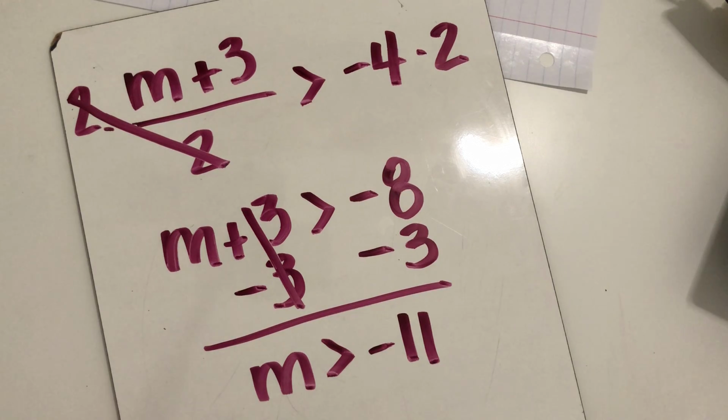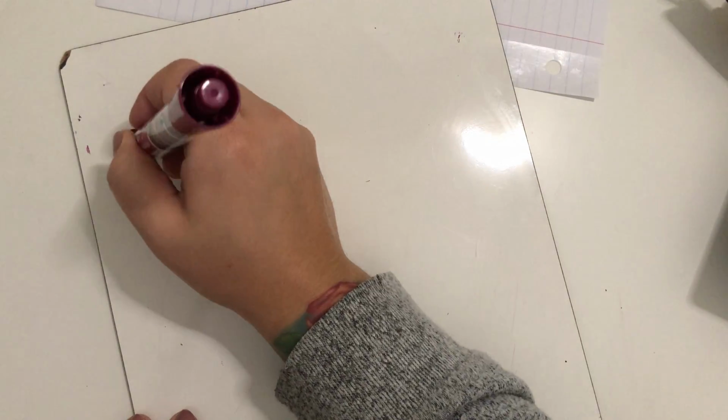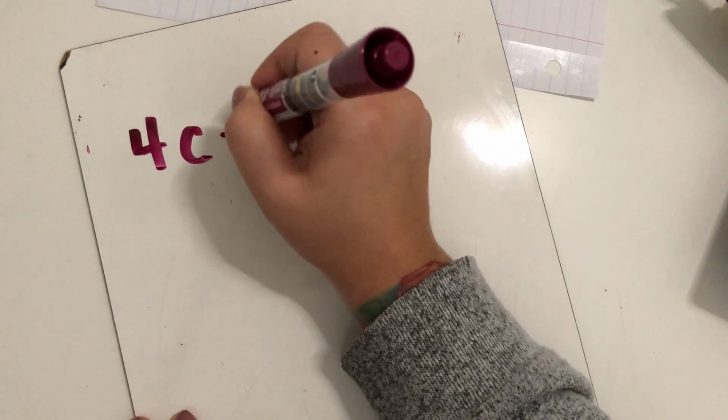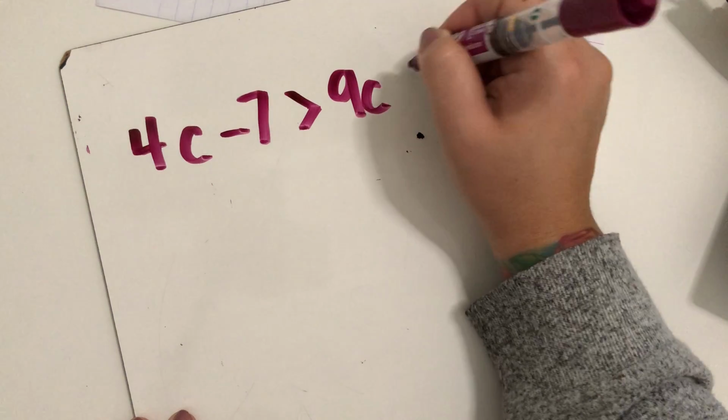We will go ahead now to your inequalities with variables on both sides. So this is 2.5. Okay, so we have 4c minus 7 is greater than 9c plus 8.